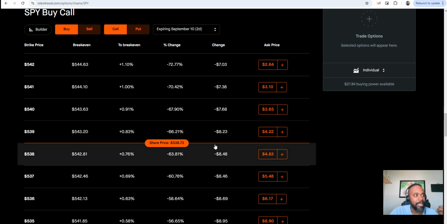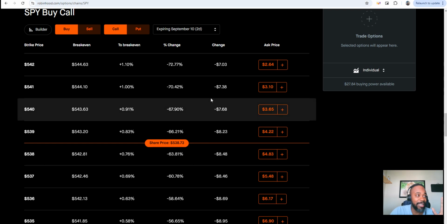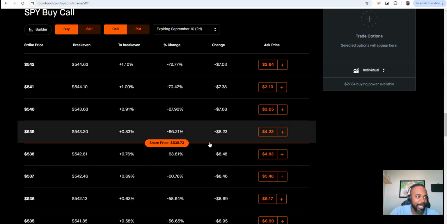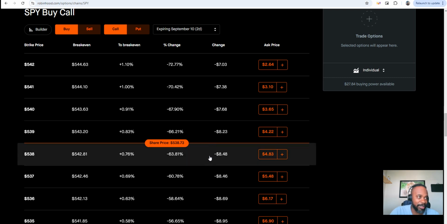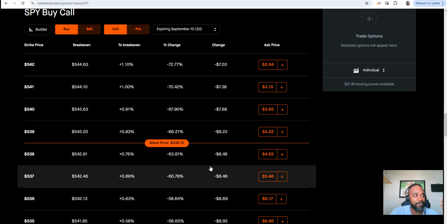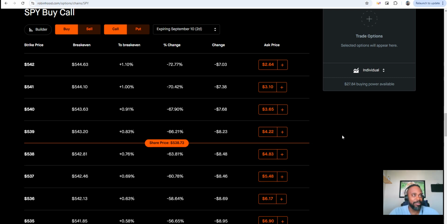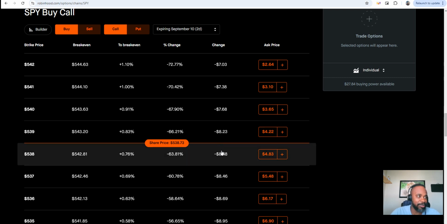And so any option, I'm sorry, above this red line is going to be called out of the money. Okay. Any option below this red line is going to be in the money. Okay. So that's simply what that means. We can break that down a little bit further, but in a nutshell, that's what it means.